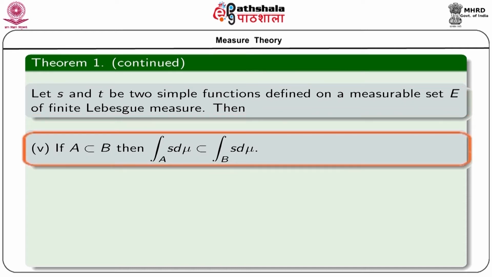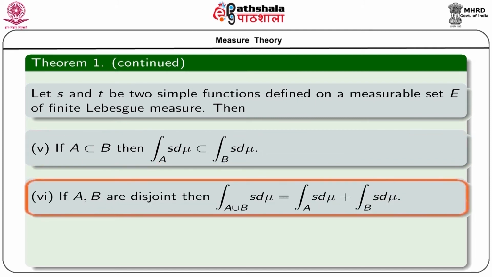Then the fifth property tells us that if A is a subset of B, of course, A and B both measurable with finite Lebesgue measure, then the integral of S over A is less than or equal to the integral of S over B. The sixth property tells us that if A and B are two disjoint measurable sets, then the integral of S over A union B can be obtained as the sum of the integrals of S over the set A and the set B.